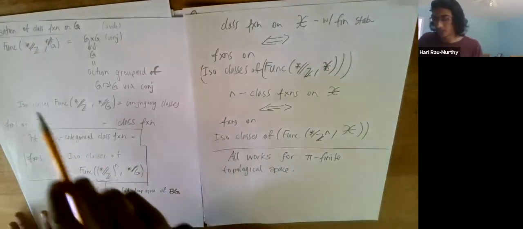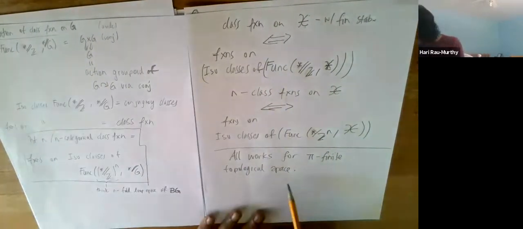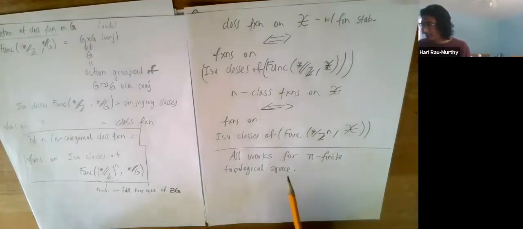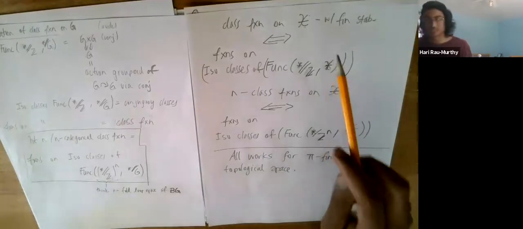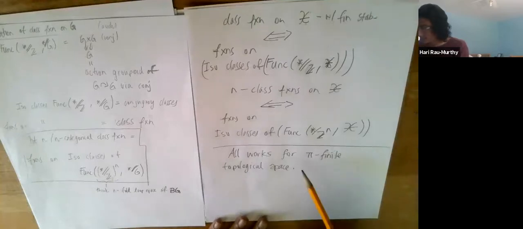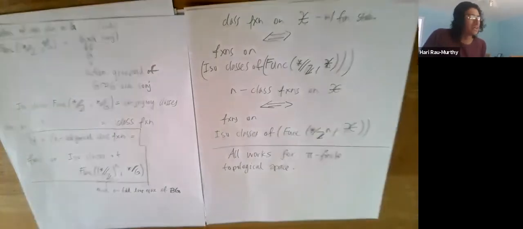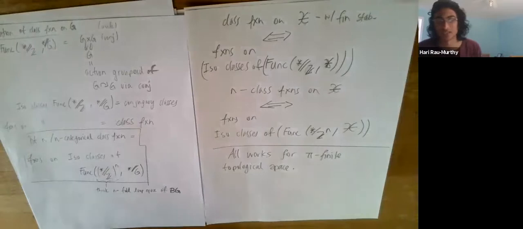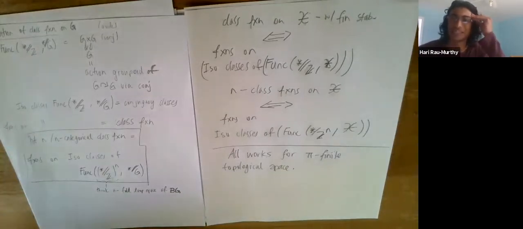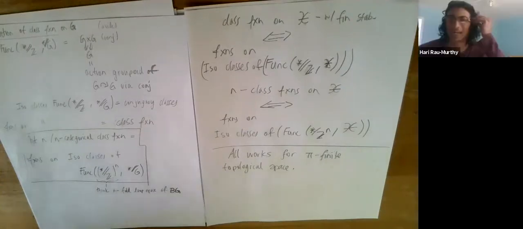Having finite stabilizers is what allows this description, because I need to send a generator of Z to something. So if I have an orbifold with finite stabilizers, then n-class functions generalize to orbifolds. And for a pi finite space, I forget the exact definition, but I think it has finitely many non-trivial homotopy groups, and they're all finite.